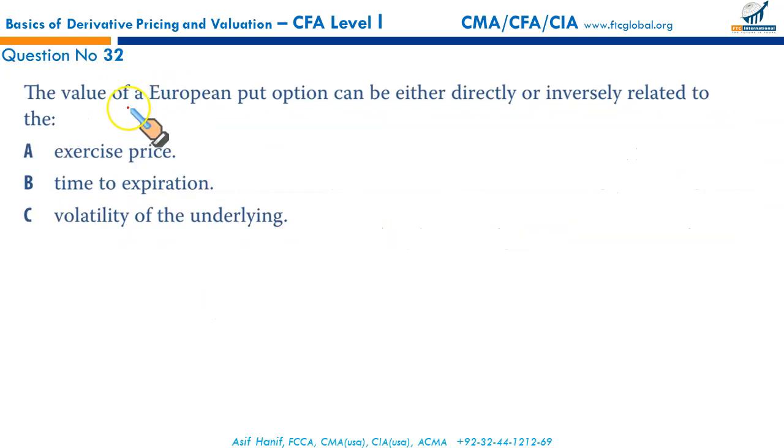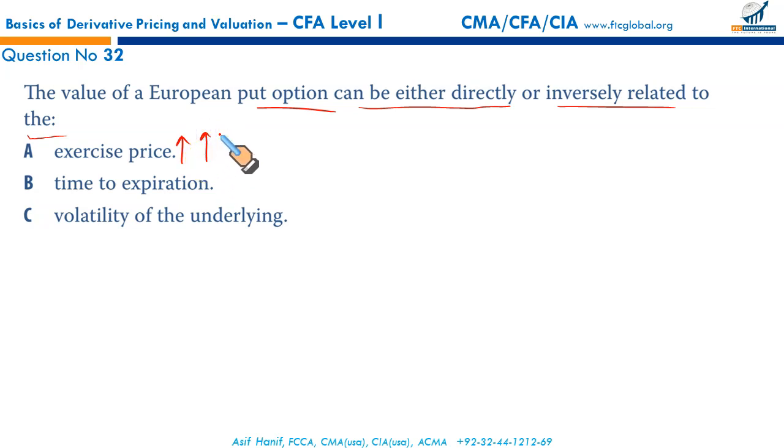Next, the value of a European put option can be either directly or inversely related to the... Let us discuss the options one by one. If the exercise price is higher, that gives you the right to sell at a higher price, so the value of the put option would increase.